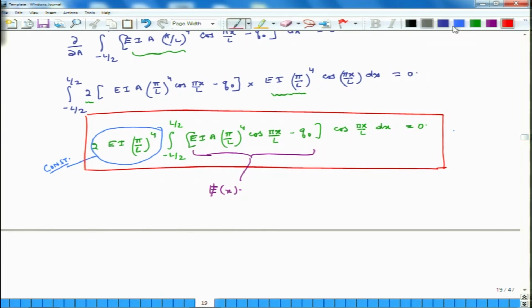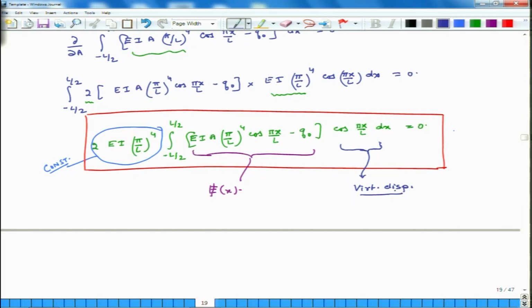And the third term is like your virtual displacement, except that its amplitude is 1. But in this case the virtual displacement function is the same as the actual displacement function.